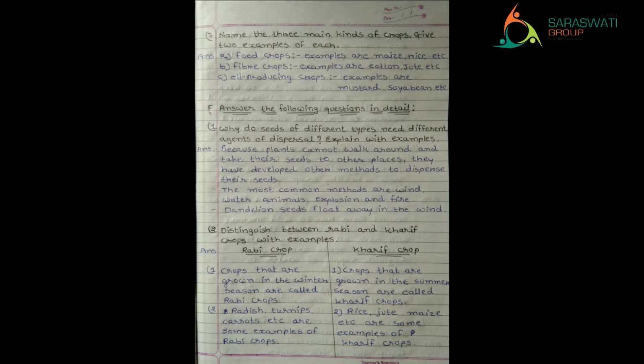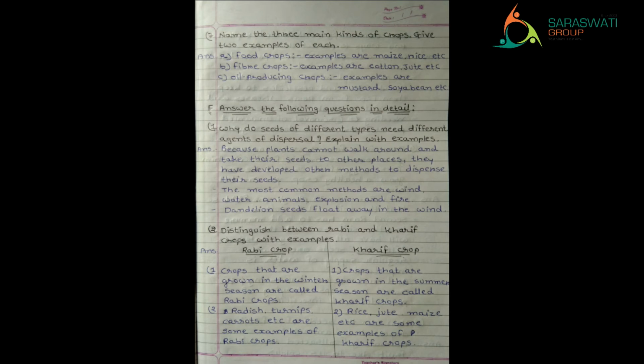This we have seen in the explanation as well. Dandelion seeds float away in the wind, right? जैसे हमने देखा था कि dandelion, that we have seen in the hardwood as well, that the flower of this grass is too light in weight, so it can be dispersed by wind, right?